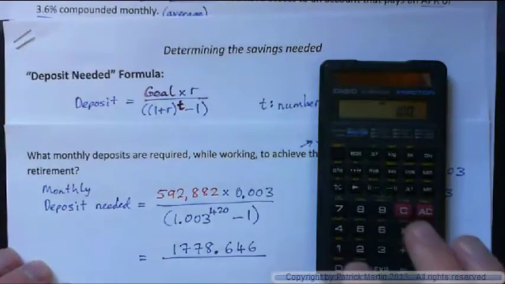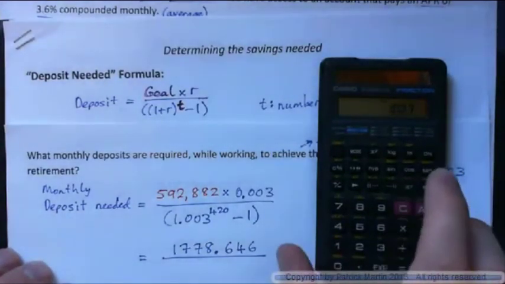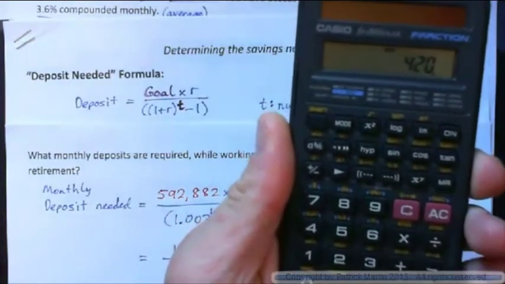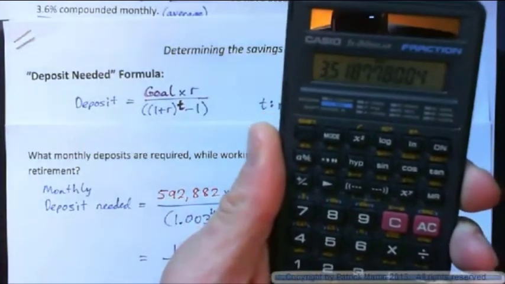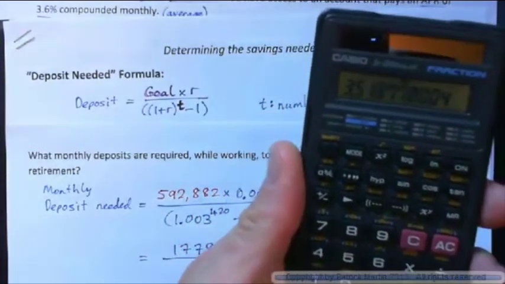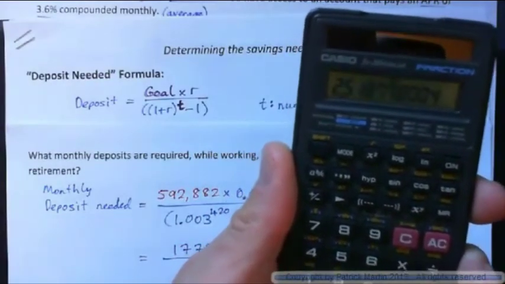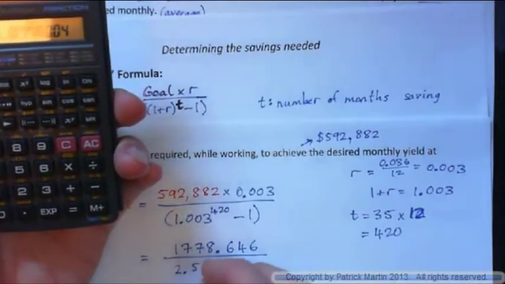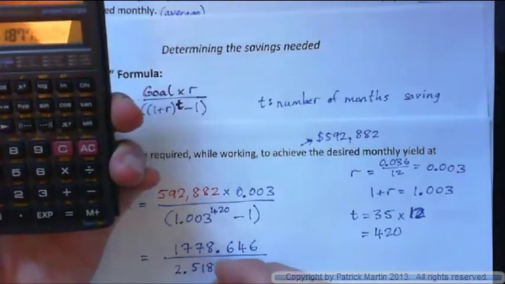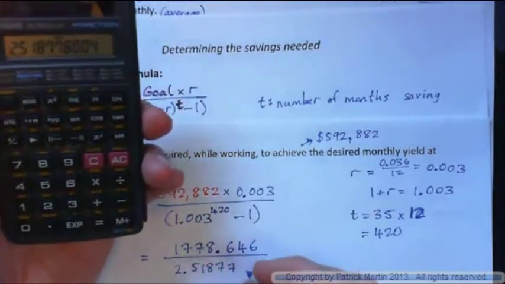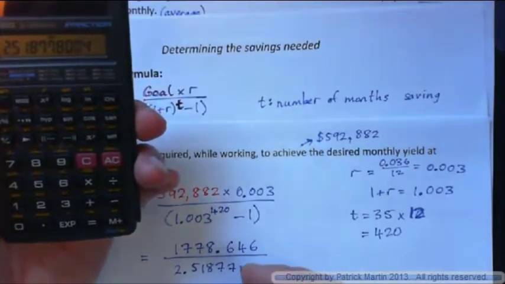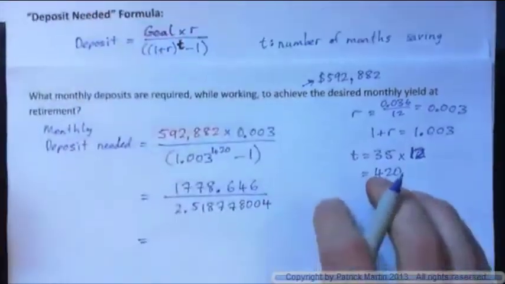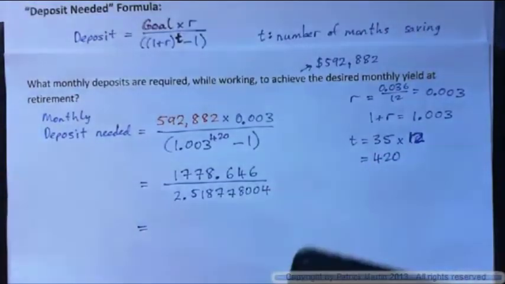So 1.003 to the power of 420 equals 3.5187, etc. Then subtract 1 to get 2.518778004. Okay, so then divide these numbers.